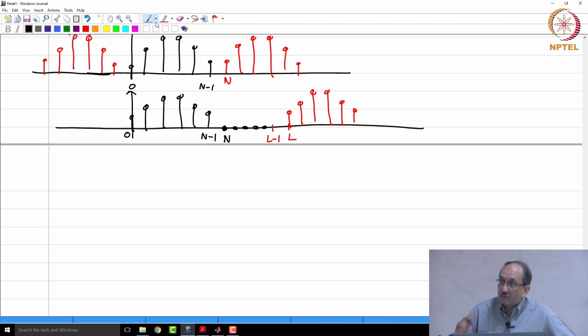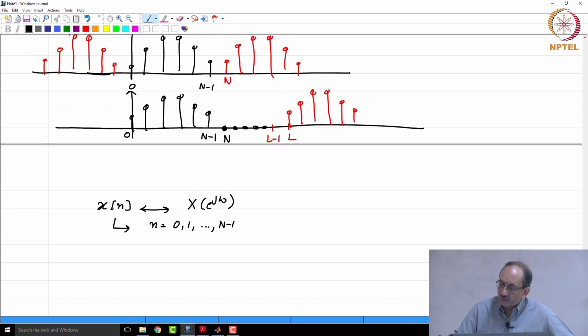The other way of looking at this is we have already seen what a finer sampling does. The same thing can be obtained by starting off from the time domain. That is, suppose you have x of n which has DTFT x of e to the j omega, and x of n is defined for n equal to 0, 1 up to n minus 1, and it is 0 outside this interval.